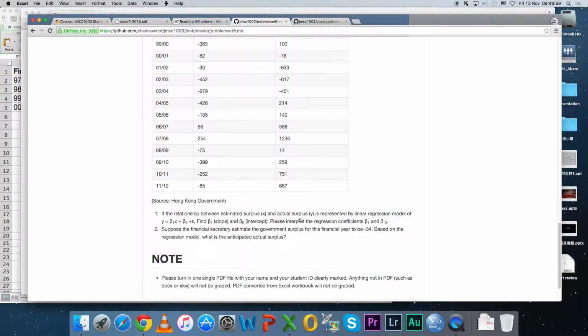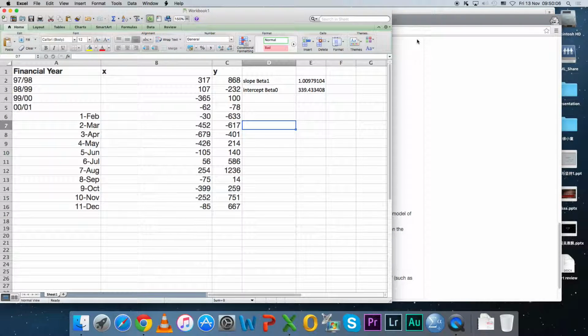And based on the regression model we develop, what is the anticipated actual surplus? So, we know that y hat equals the slope times x plus the intercept. So we can just plug in the values of x into this equation, and then we will get back the y hat.